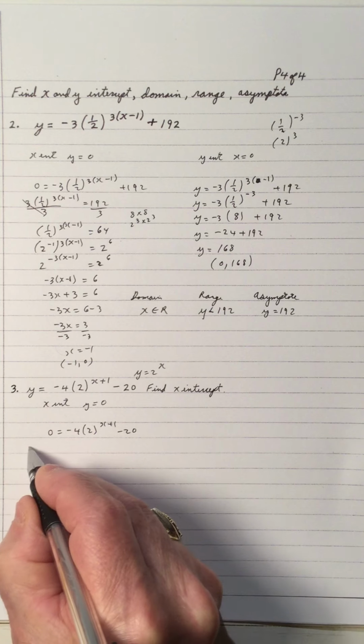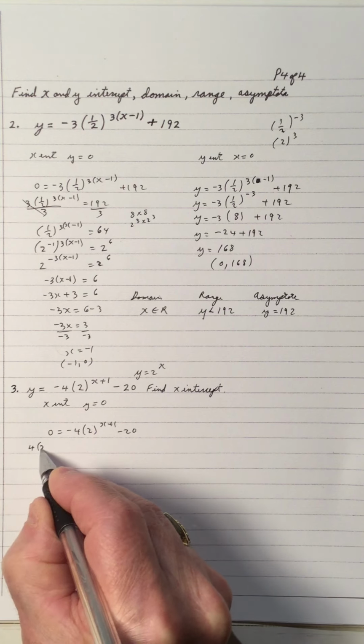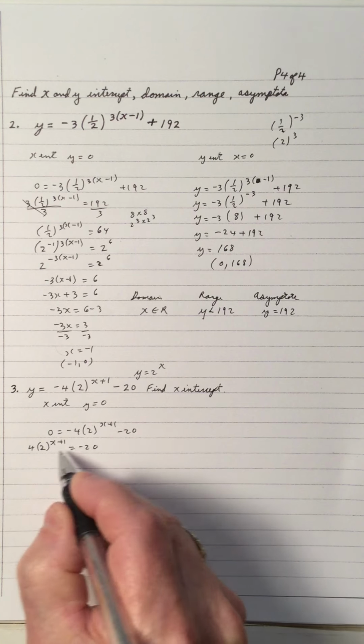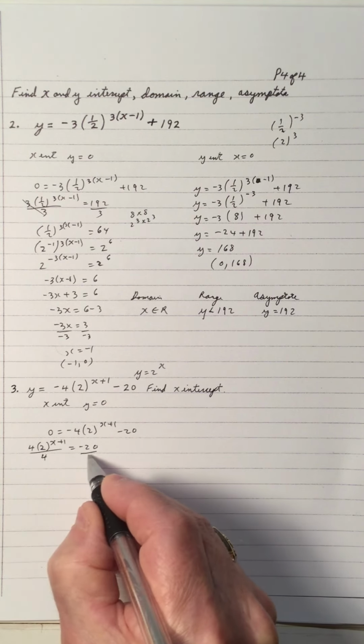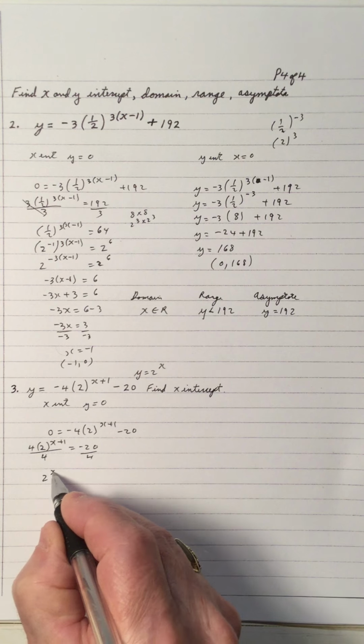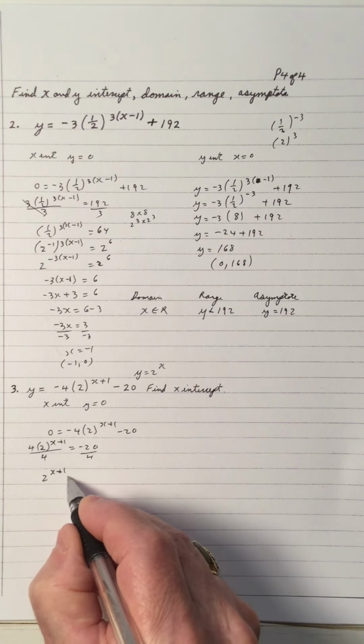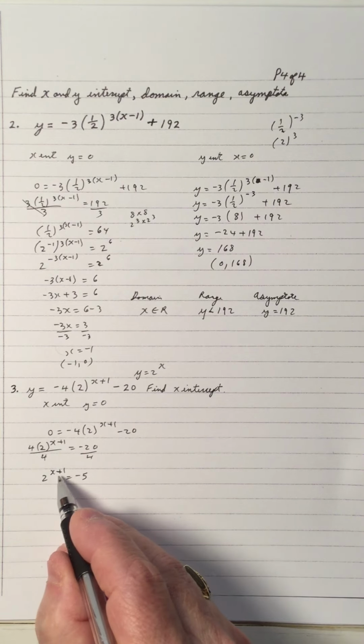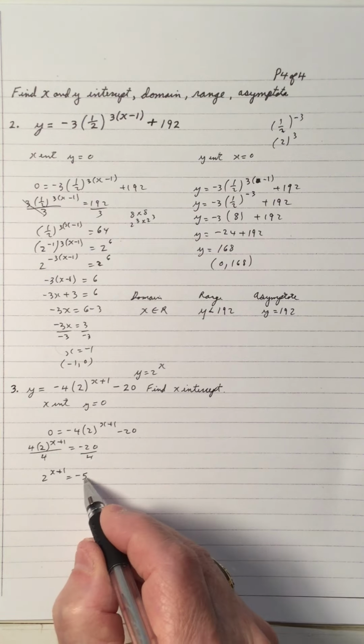Move the 4 over and make it positive. Now we divide by 4 to isolate the base. Notice now we have the base 2 to the x plus 1 equals negative 5.